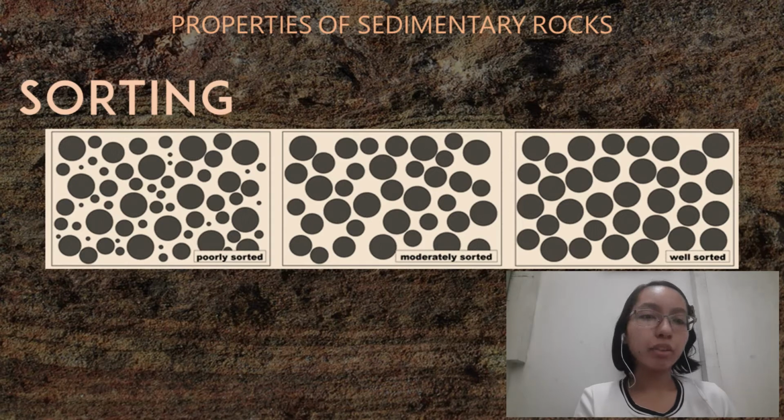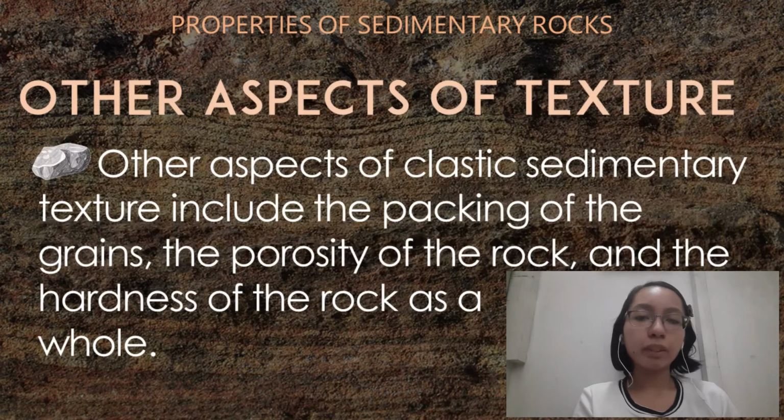While sa moderately sorted, medyo magkakapareho na sila ng sizes, pero meron pa ring difference sa size nila. Tapos dito naman sa well sorted, as in pare-parehas sila ng sizes, compared dun sa other two na may ibang size. Thus, other aspects of texture.